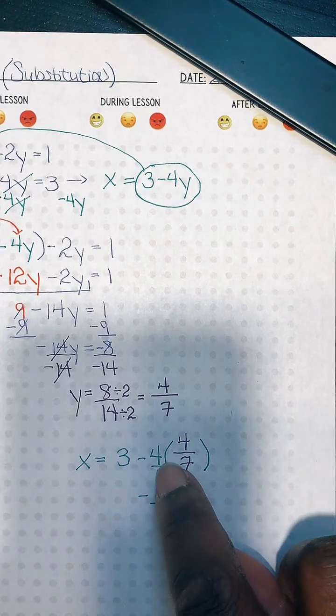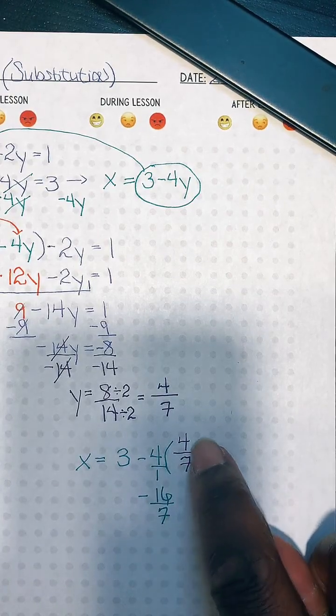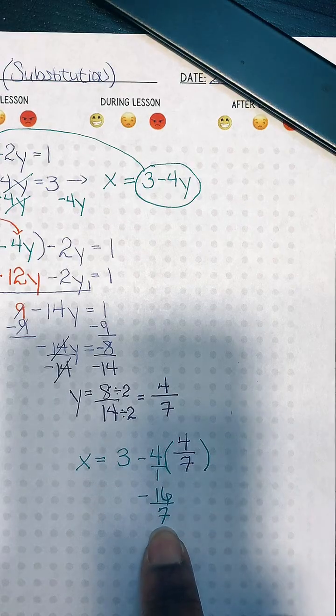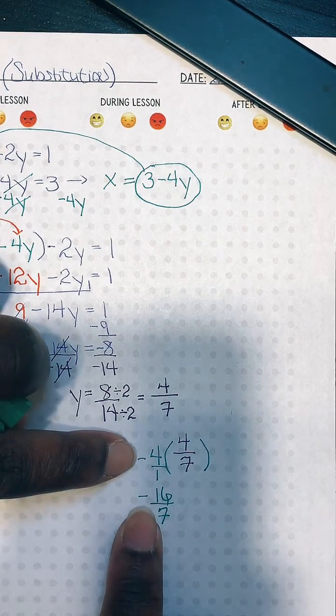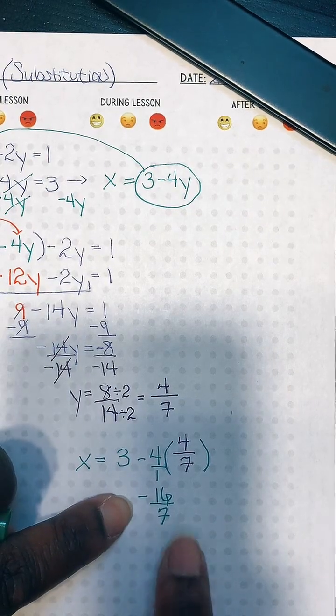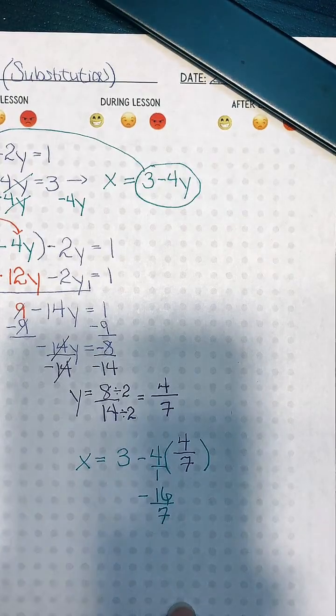So when I multiply the 4 with the 4/7, I get 16 over 7. The reason it's negative is because there was a minus sign in front of the 4. So it's really a negative 16/7.